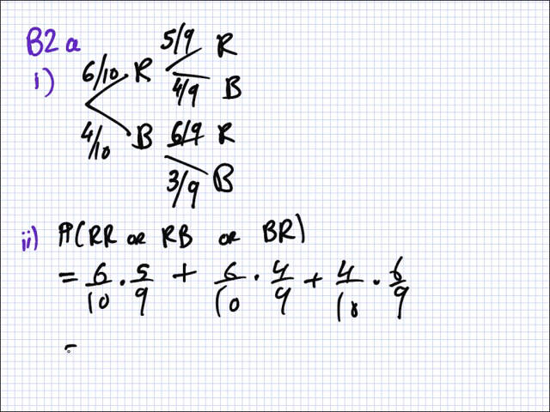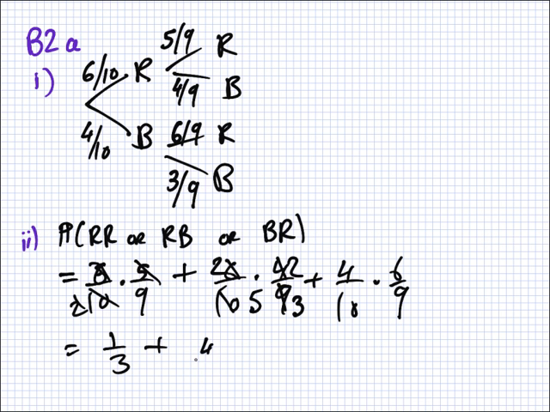Let's just calculate this. That and that makes 2. 2 goes into that 3 times. Is that 1 over 3, I think? Yeah. Plus, what was that? That was a 9, wasn't it? So 3 goes into that twice. 3 goes into that 3 times. Any more simplifying? 4 and 10. Oh, yeah, thank you. 2 and 5.